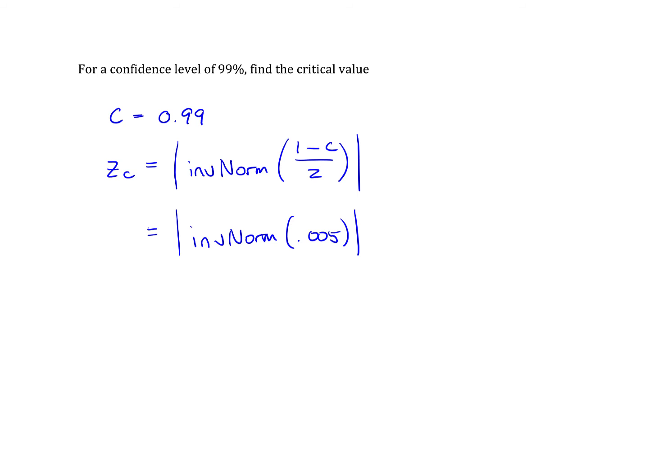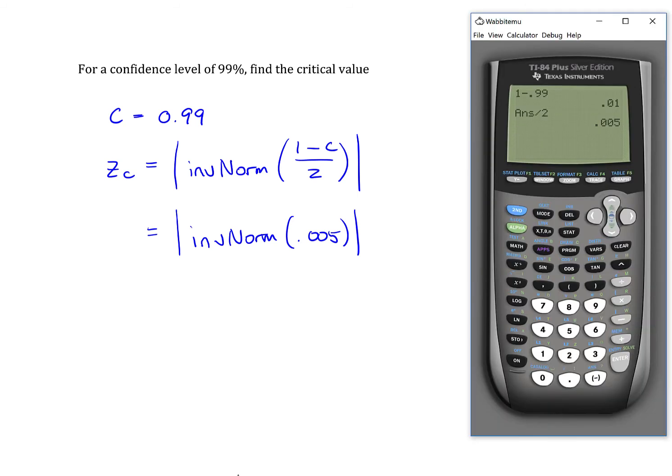When I put in inverse norm, which I would do under second distributions, come down to inverse norm, the area that I'm interested in, the area to the left of a value I want, 0.005, and I'm on a standard normal distribution, so I leave the mean and standard deviation at 0 and 1 respectively.